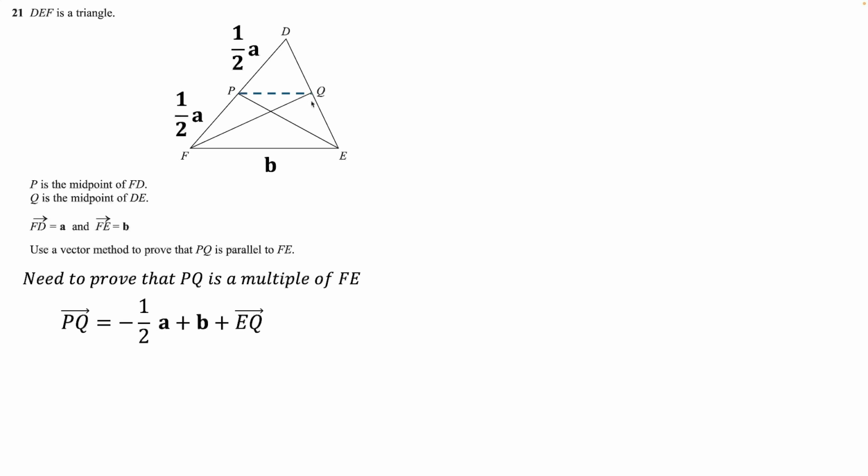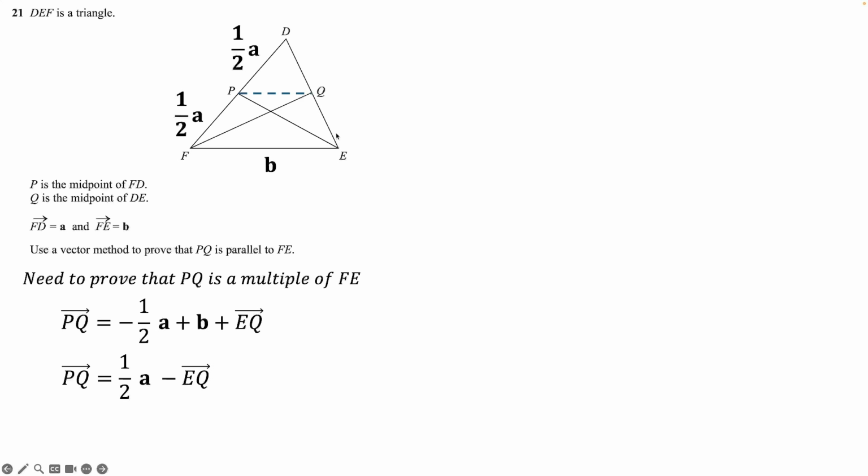What's another way we can go? Well, we could go down here and then up to FQ, but we don't know what F to Q is, so that's not that reasonable. However, we can go from P to D and then D to Q. Well, P to D is a half a. And D to Q, well, if Q is the middle of this straight line, then E to Q is the same as Q to D. So to go from here to here is the same as going from here to here.